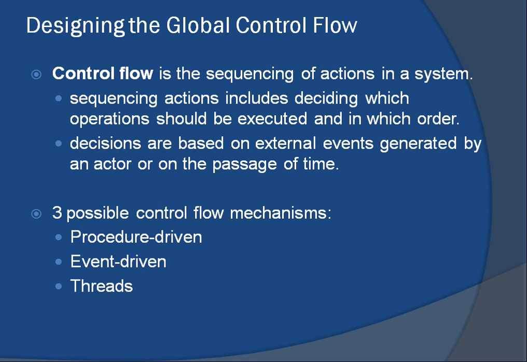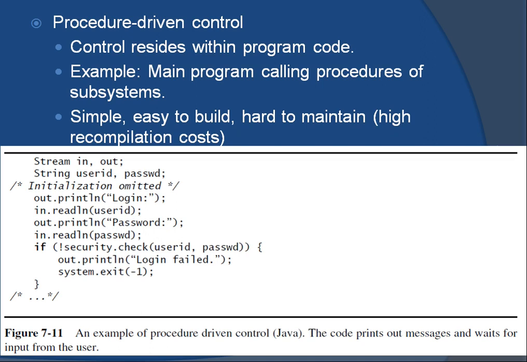Now there are three possible control flow mechanisms. These are procedure driven, event driven and threads. In procedure driven control, the control resides within the program code. For example, a main program calling a procedure for a subsystem. This is the simplest example we have taken here.